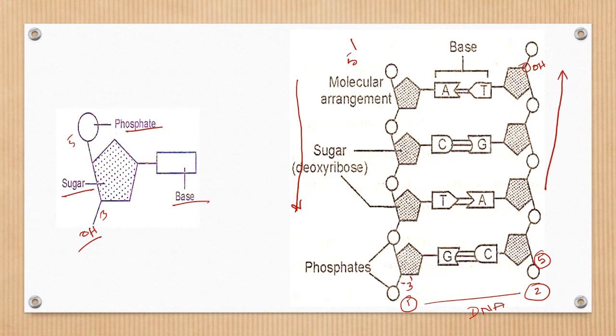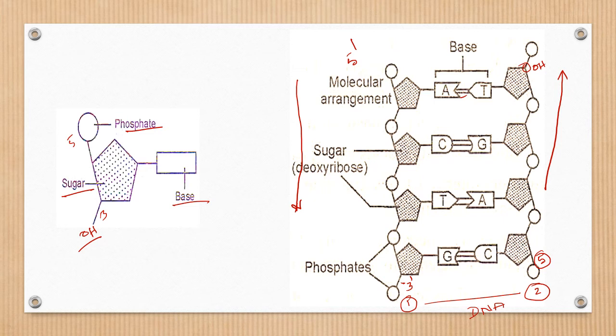Now, the base pairing: adenine always pairs with thymine, there is no change, and similarly cytosine always pairs with guanine. Adenine pairs with thymine with 2 hydrogen bonds, and cytosine pairs with guanine with 3 hydrogen bonds.